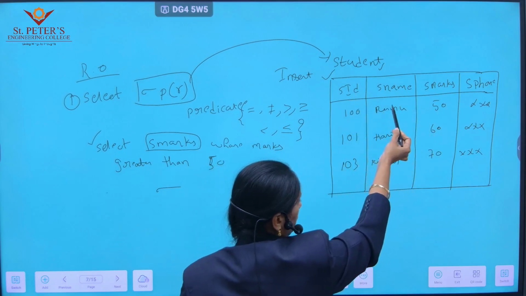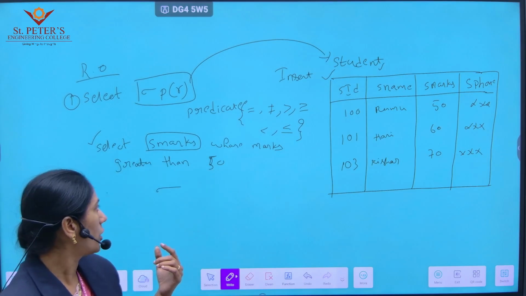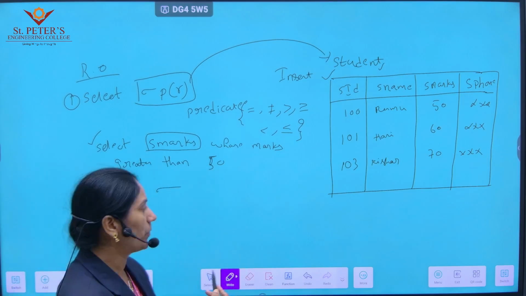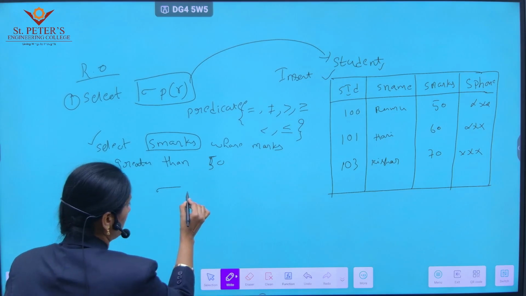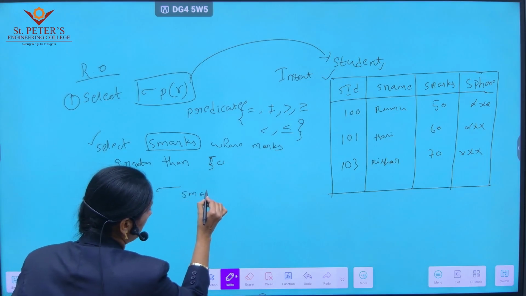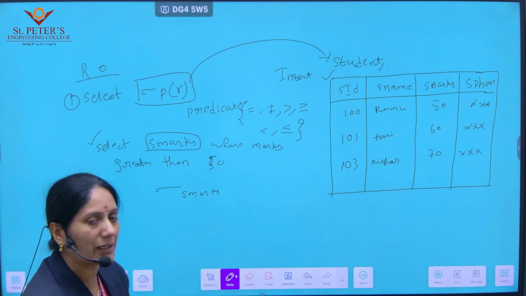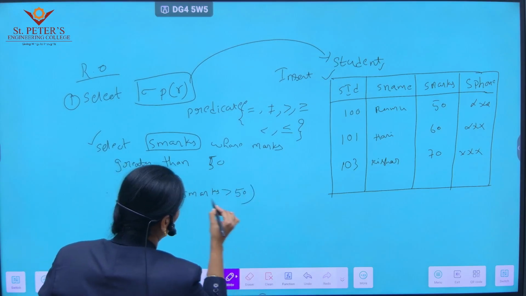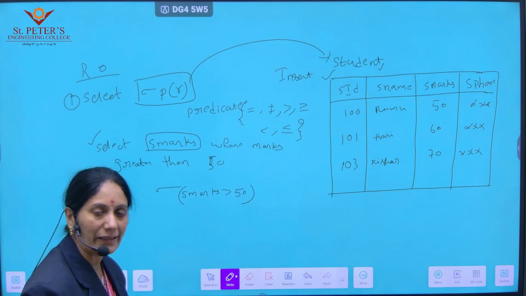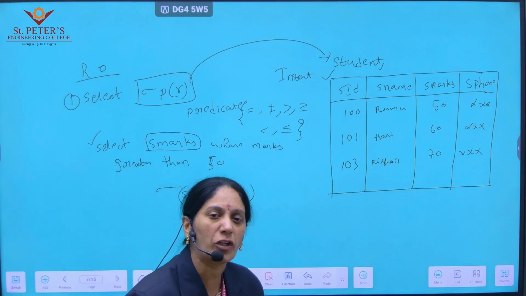Student ID, student name, student marks. My query: select the student marks whose marks is greater than 50. Greater than 50 is called the predicate. Predicate is nothing but the condition of the question.